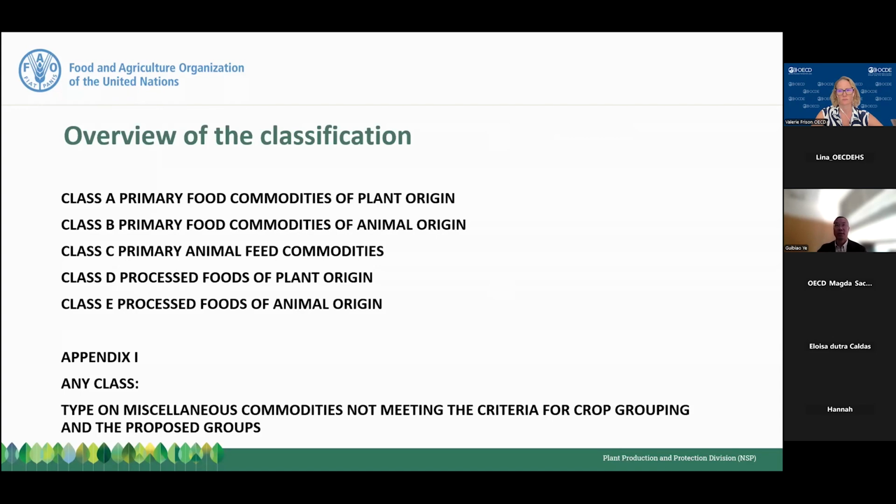animal origin. And because we have some criteria to group the crops, if some crops cannot meet any criteria for grouping, then for each type of crop we have a miscellaneous commodity group to accommodate the other crops.